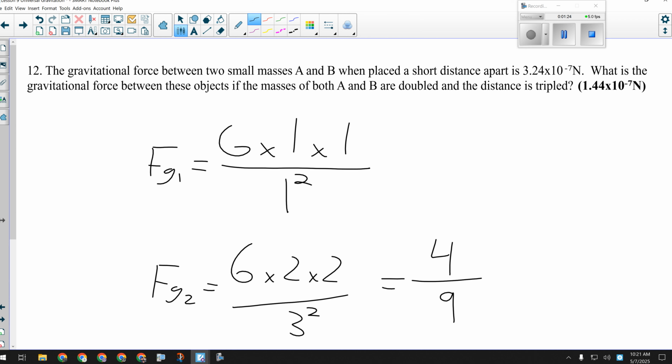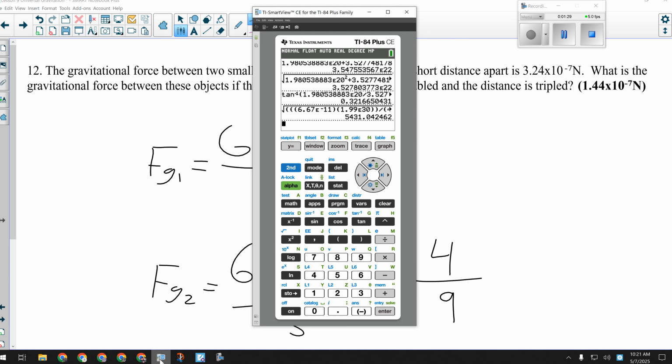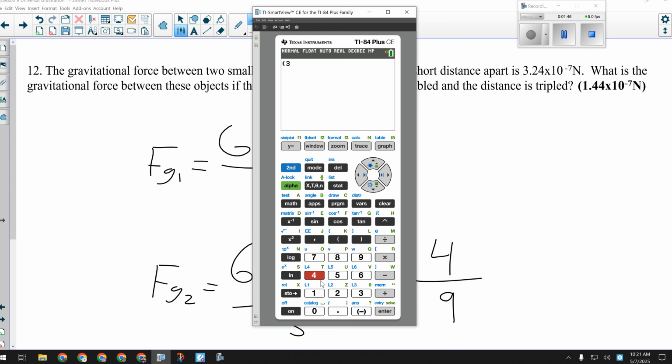So if I take this number here and I say the new number will be 4 over 9 times bigger or smaller than that number, okay, then I'll have it. So 3.24 e negative 7, okay, times 4 over 9.